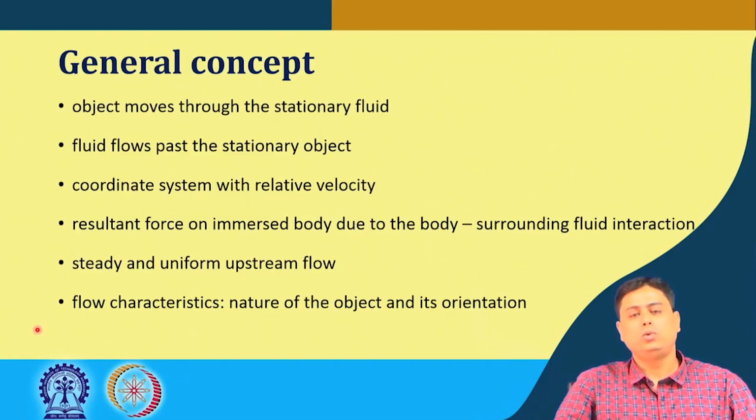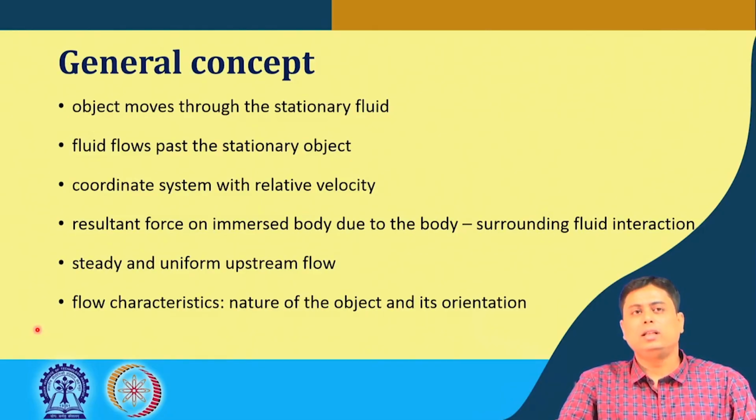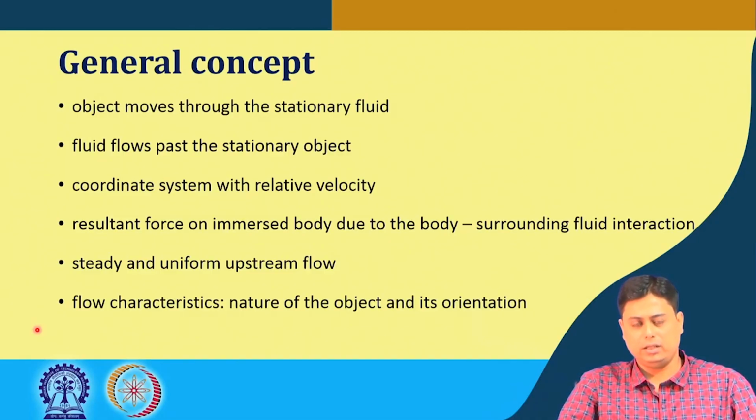So again, the two scenarios are: one, a stagnant or stationary pool of liquid where a particle is falling, which is the example of an object moving through a stationary fluid, and the other, where the fluid flows past the stationary object.